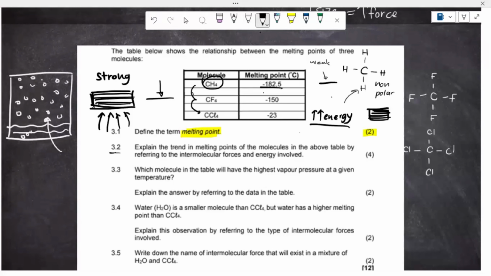Converting to gas. And because of that, my answer would be my CH4 here, right? And my reason would be because it has the lowest melting point. Now, granted, that explanation doesn't really go into depth the way I did, but it's only worth 2 marks. If it was worth 4 or 6, then I'd have to go on a long, lengthy explanation, but I'd get a mark for this and I'd get a mark for that.